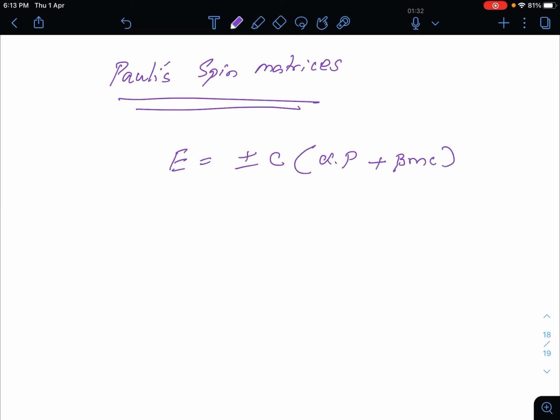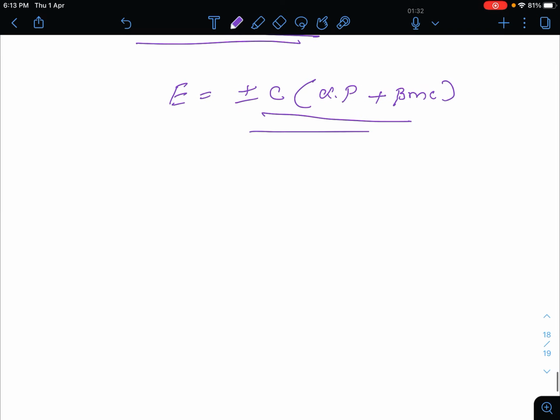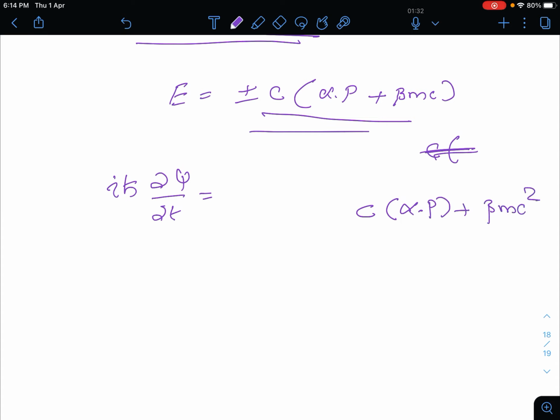Now the energy E is equal to this. Good. So now I can write i h cross, let's replace it by the operators, dou psi by dou t is equal to, okay, so this is simply c into alpha dot P plus beta mc square.